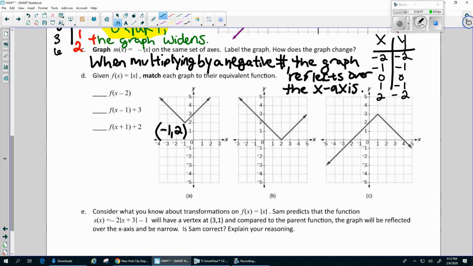Looking at the options for the functions, I know that if I subtract 1, I shift to the right. And if I add 2 to the outside of the function, I'm going to shift up.